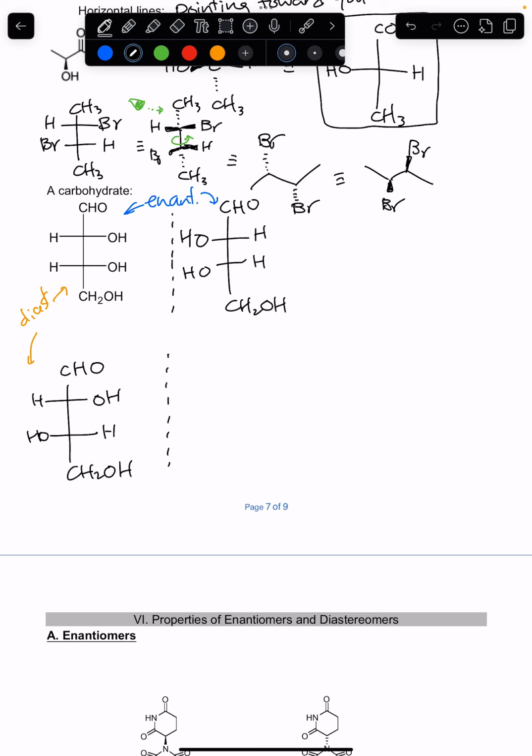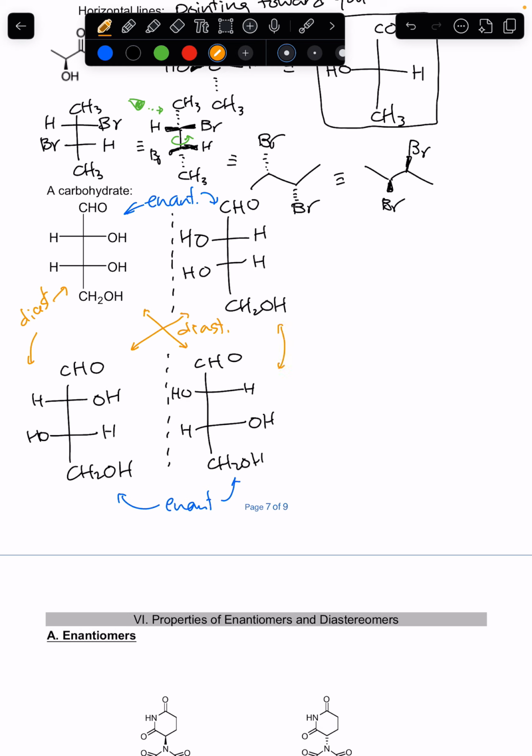And you can even draw the mirror image of this. And of course these two are now related as enantiomers of each other, and in the kitty corners these are all related as diastereomers. Okay, same with this.